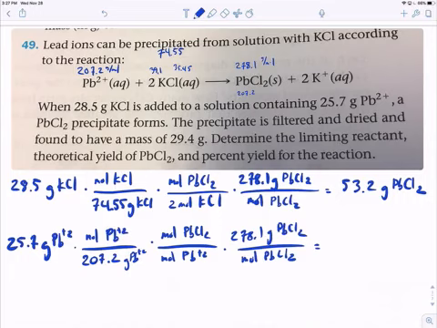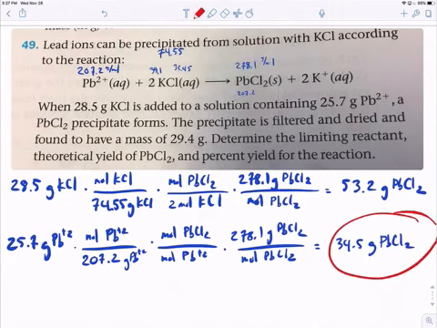Same one going across. And this is 34.5. So since this one is smaller, this one is the limiting reagent. It's also the theoretical yield. Okay, so I should say the limiting reagent is lead plus 2.